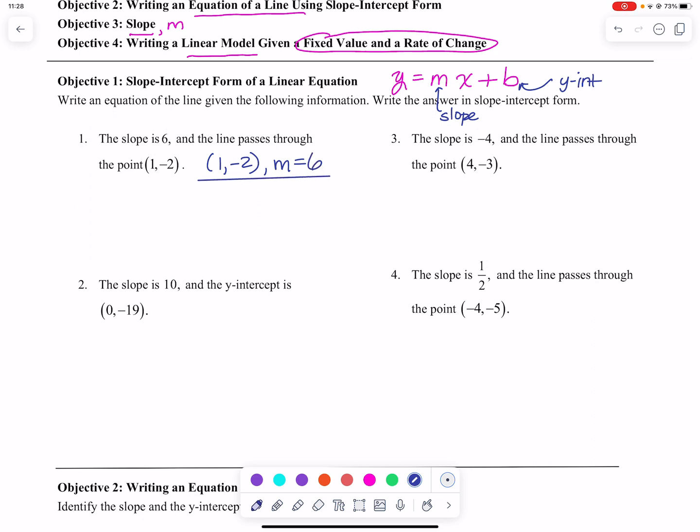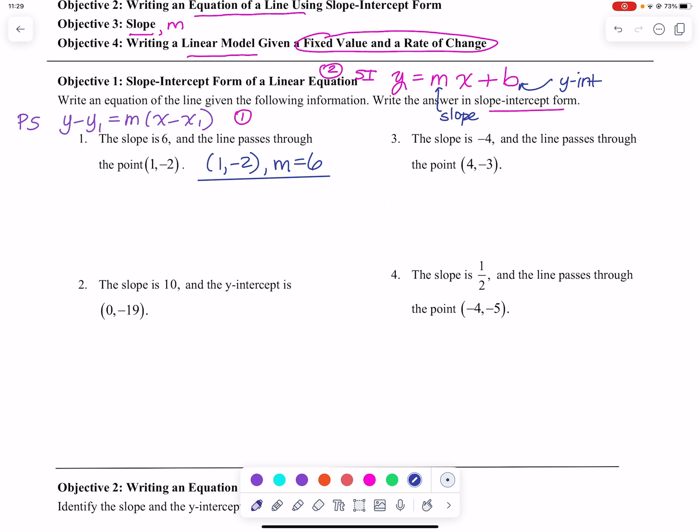Now, there's a couple ways that we can do this, but I think we should jump right to the point-slope form of the equation of a line, and that is y minus y1 equals the slope times x minus x1. So that's the point-slope form, and this is the slope-intercept form. If we start with this form and then go to this form, we will be able to write the equation in slope-intercept form.